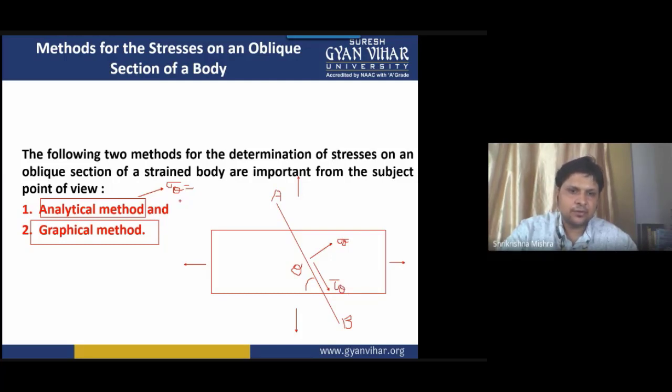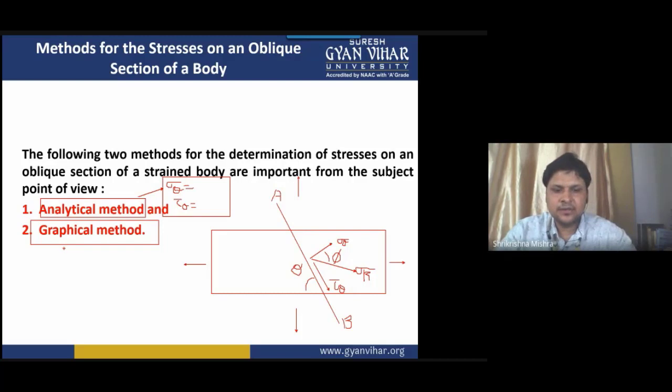By the use of formulas in the analytical method, you can calculate tau theta and sigma theta, and then the resultant between the two, sigma r, can also be calculated. One more thing was the angle of obliquity, which is basically the angle between the resultant and the normal stress, and that can also be calculated with the help of a formula.